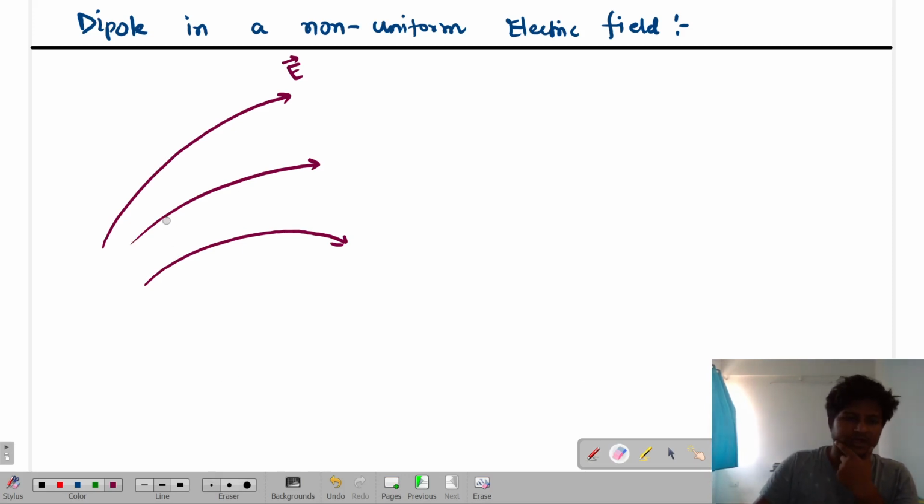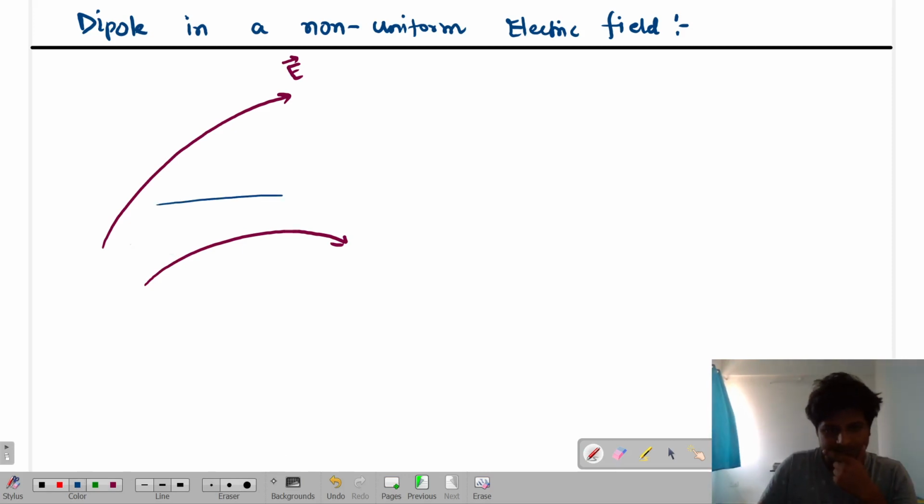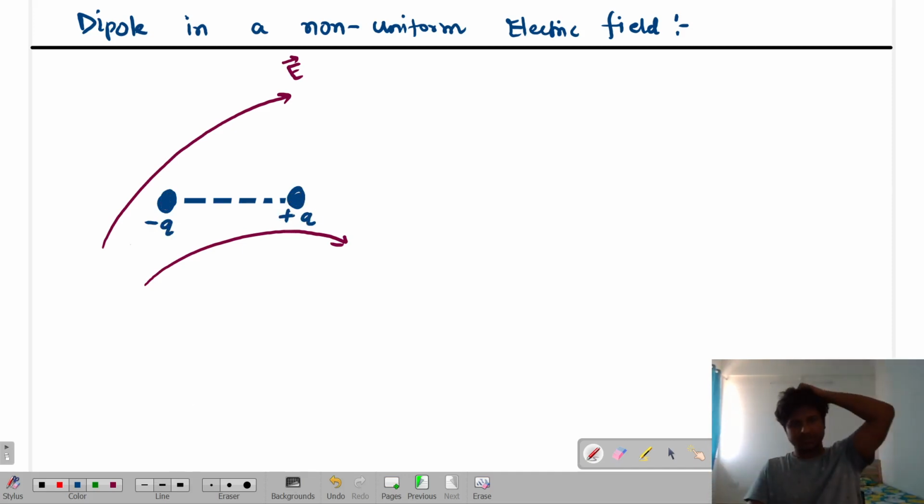Let me erase this second line. I placed some dipole. Is that clear or not? This is minus Q and this is plus Q, isn't it? Now tell me what will happen.